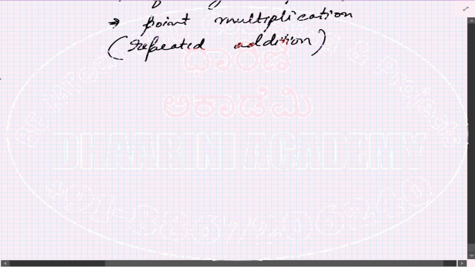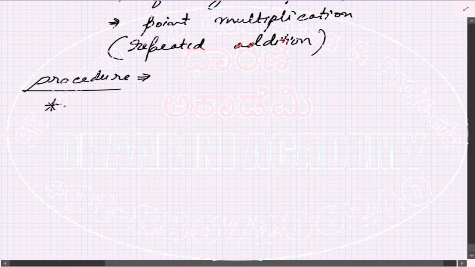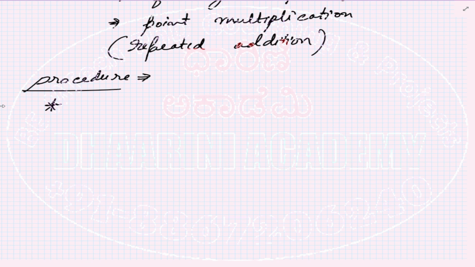So now we look at what is called the standard procedure. Now we'll restrict this to the ECC only, not general. So far it was a general crypto system, but when it comes to the ECC crypto system, we see what standard procedure you are going to follow. Initially, there is a sender and a receiver, and they want to use this kind of cryptography for the communication.